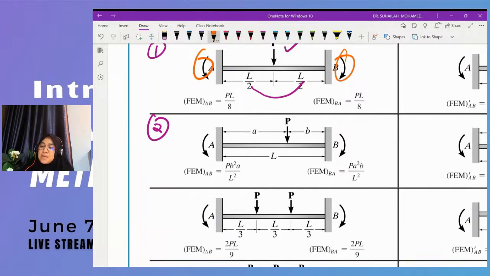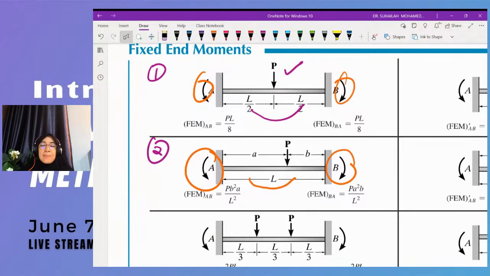Still, due to P subjected on top of the member, the beam will bend, and due to this bent beam there will be reaction, fixed end moment, at both A and B that will push the beam back to its original position.